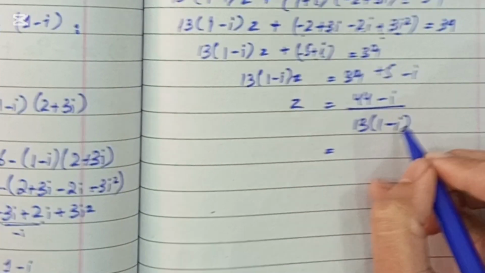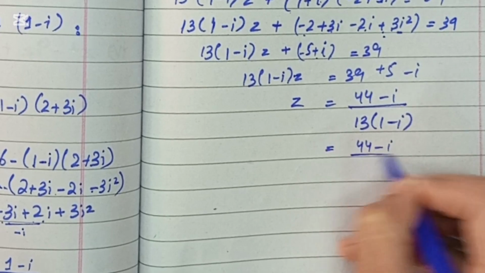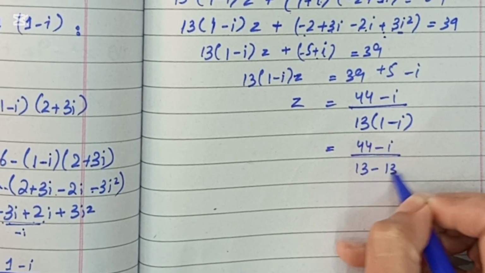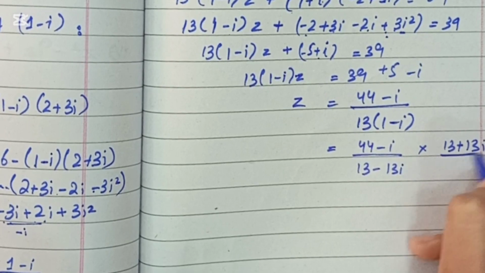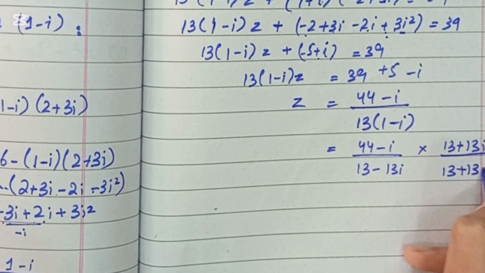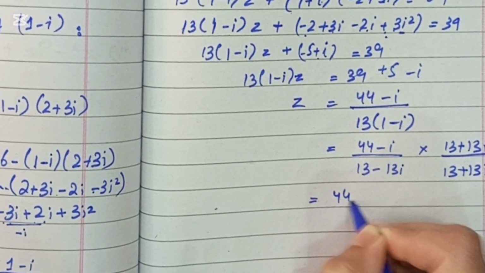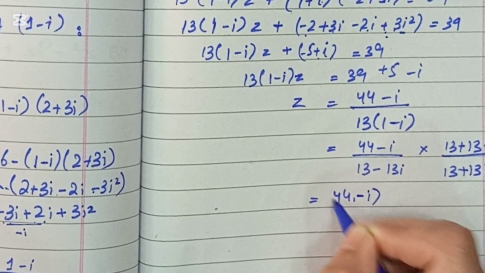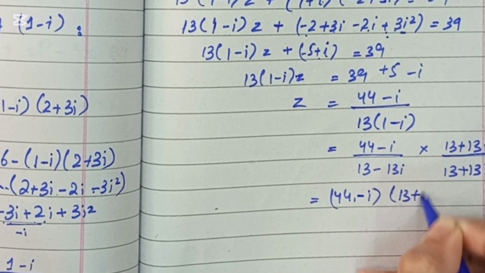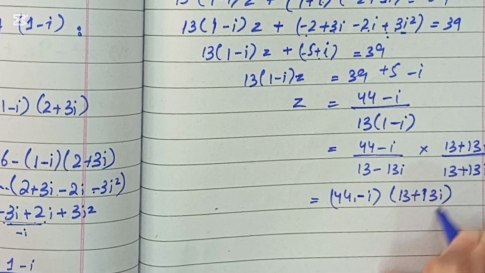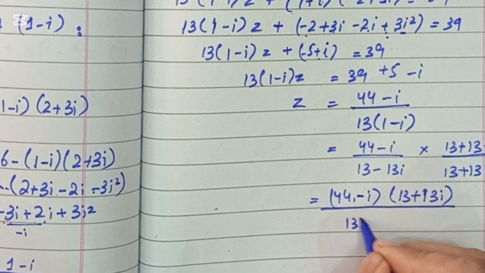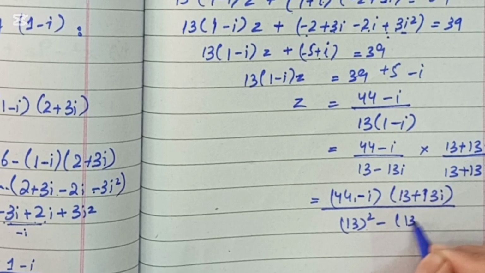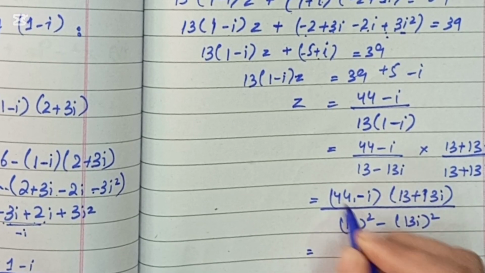Okay, so now what will we do? We will multiply this 13, and now it will be simplified as this. It's a minus b, a plus b, a square minus b square.